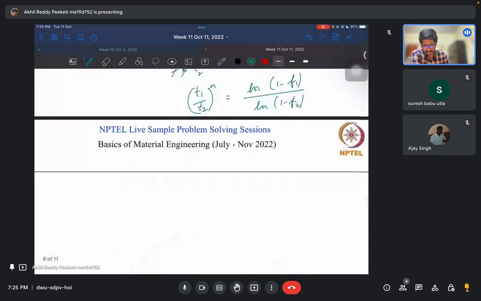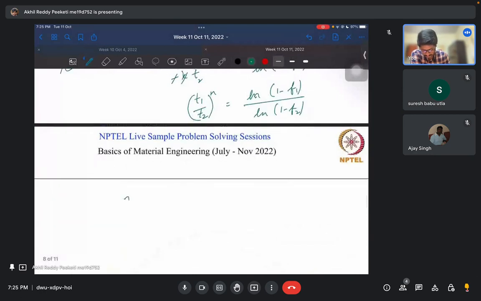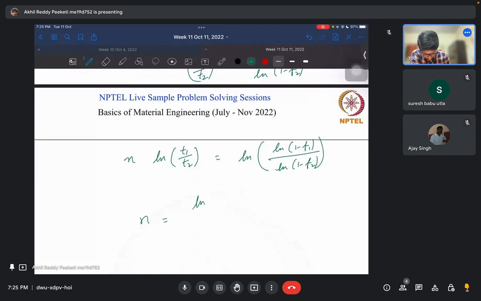Now again I will take ln. So this would become n ln t1 by t2 is equal to ln of 1 minus f1 by ln of 1 minus f2. Correct? So then n would be ln of 1 minus f1 by ln of 1 minus f2, divided by ln of t1 by t2.